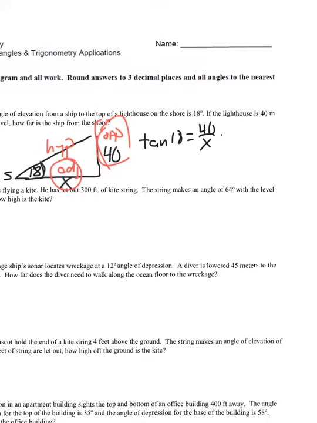So 2 steps, times x, that cancels. X times tangent 18 equals 40. Step 2, divided by tangent of 18.